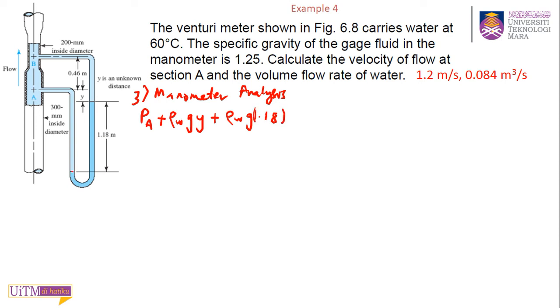Okay, here, and then you put your point here, and then you go up, so that is minus rho of the gauge fluid. So for the gauge fluid, I put rho F, rho of the fluid times g times 1.18.